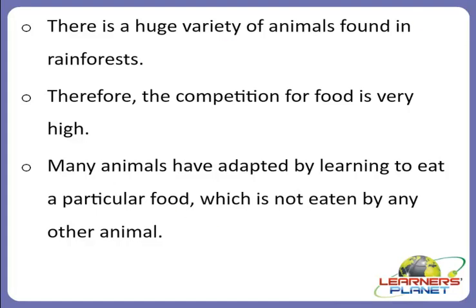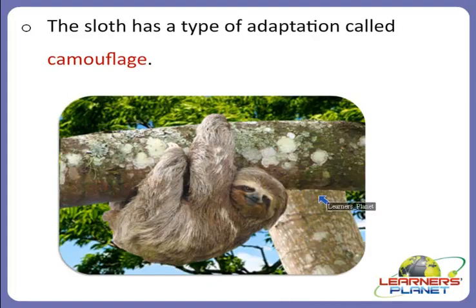So let us have a look at some examples, what kind of animal species are here who have adapted themselves, and what kind of adaptation they have. Yes, here you can see a beautiful picture of a three-toed sloth.